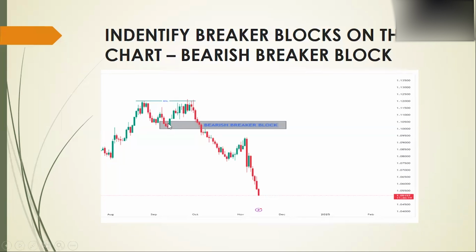Realize that this was a bullish order block, so we anticipated to buy from this region, but the price went straight and broke below the order block, closing below this swing low. So what we need to do now is wait for the retest. A bullish order block that has failed will be a bearish breaker block. So we wait for the retest, as you can see here, and then we take the trade for a sell.